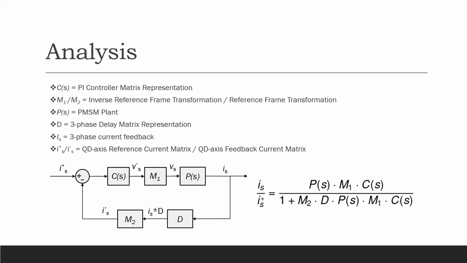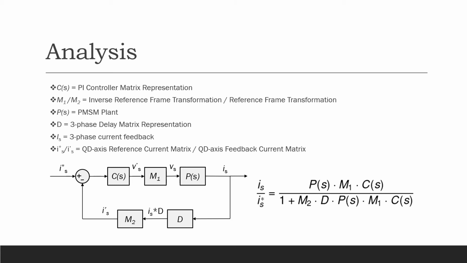This would then give us three-phase voltage, which would then be used to directly command the motor. And after commanding the motor, we would retrieve a current feedback in the form of I S here in this diagram. This current feedback would then be brought back down into the feedback path, as well as output from the system. But it would be brought down to the feedback path, pass through our delay matrix, which in this diagram is represented here as D.